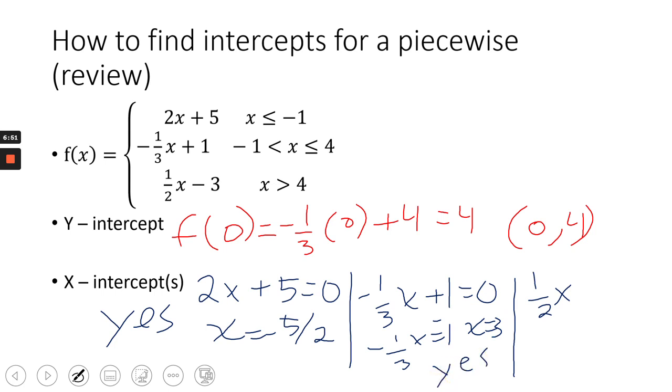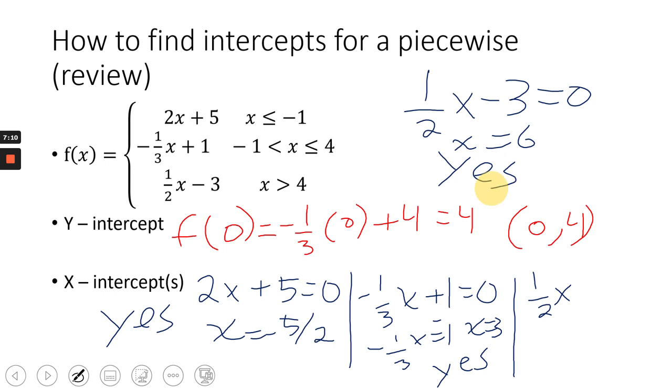And last but not least, you set the last equation, 1/2 x minus 3, equal to 0. Add 3 on both sides. Half of x equals 3. So x equals 6. 6 is greater than 4. So that one works out too. Let's go on to the next one.